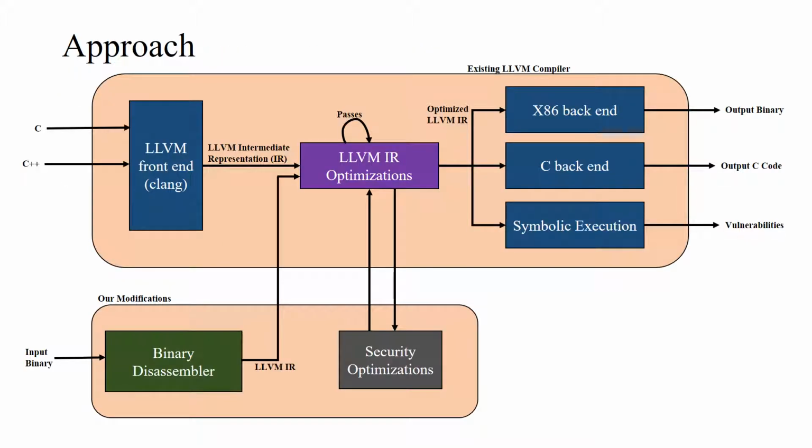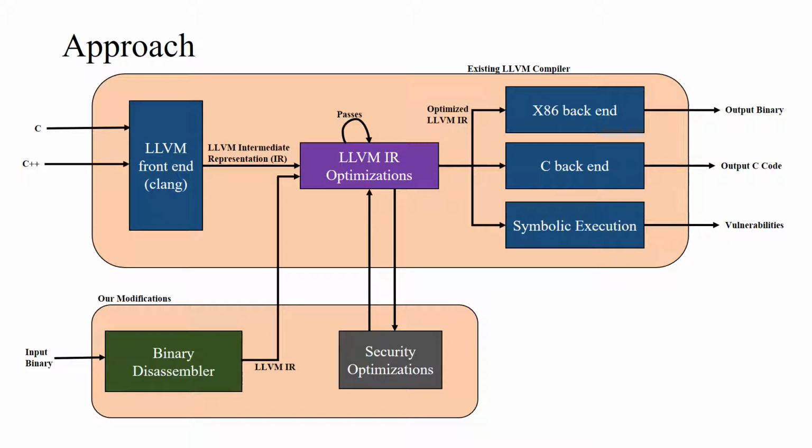Here is a figure documenting the existing LLVM compiler and how our approach will be integrated into this architecture. During normal compilation, the input file, a C or C++ source code, is transcribed from its source code format to LLVM's intermediate representation, also known as IR.